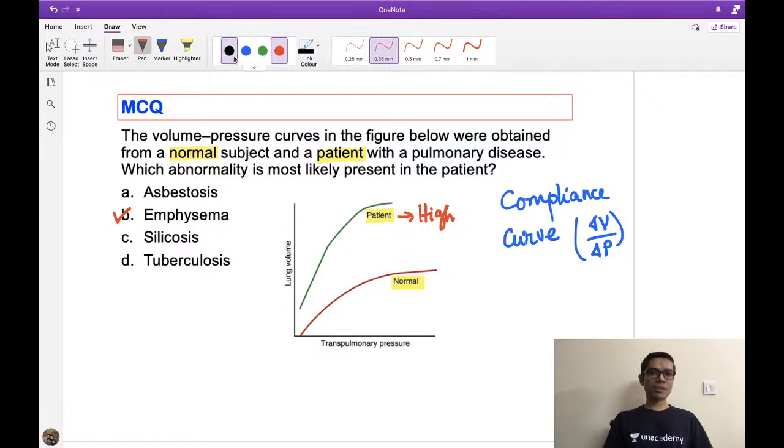Sometimes what extra can be asked is that the y-axis may show different lung volumes and the x-axis some pressures, maybe 2, maybe 4.